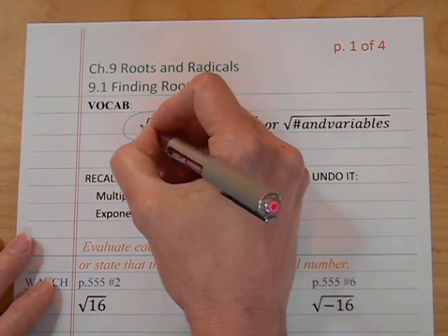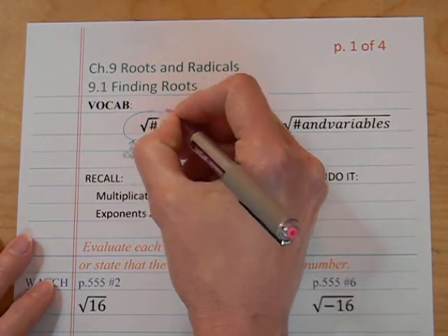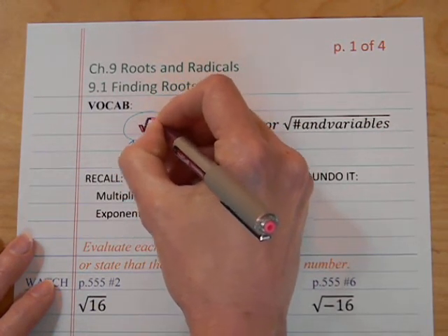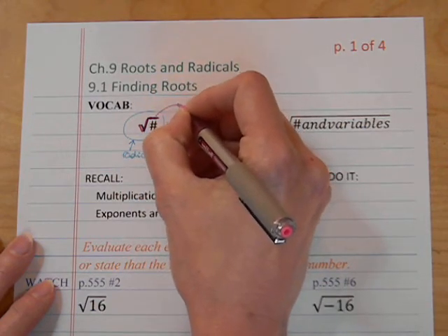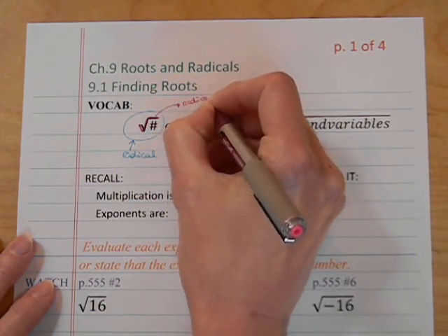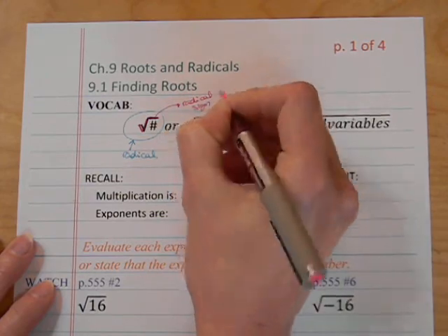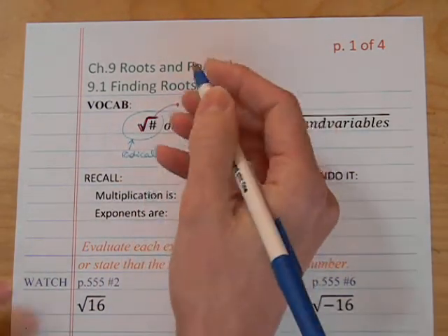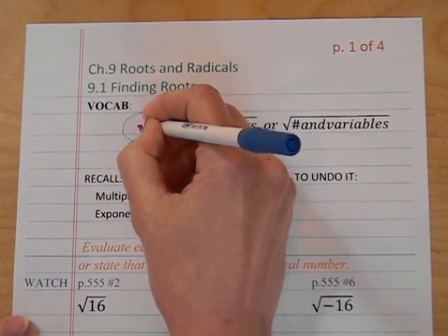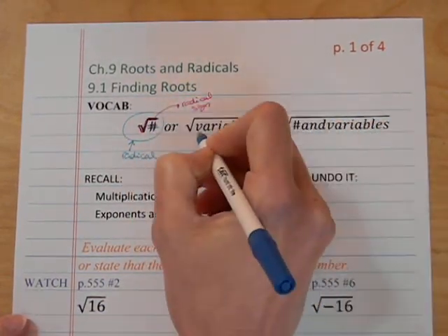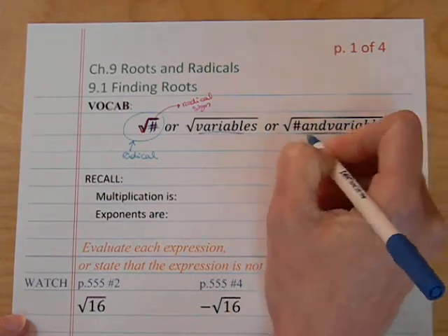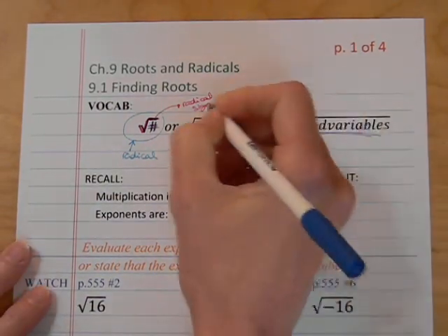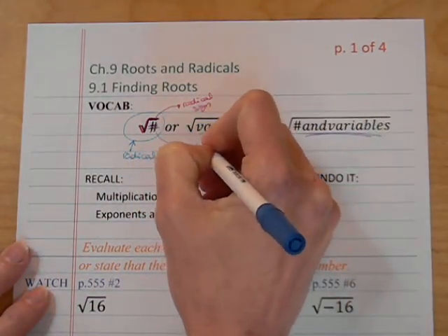The little check mark with the extended top, what I'm highlighting here in pink, is known as the radical sign. That's the symbol that we use to indicate that we're finding a root or we're taking a radical of a number. And then whatever is underneath, whether it's a number or variables or some sort of combination of numbers and variables, that piece is called the radicand.